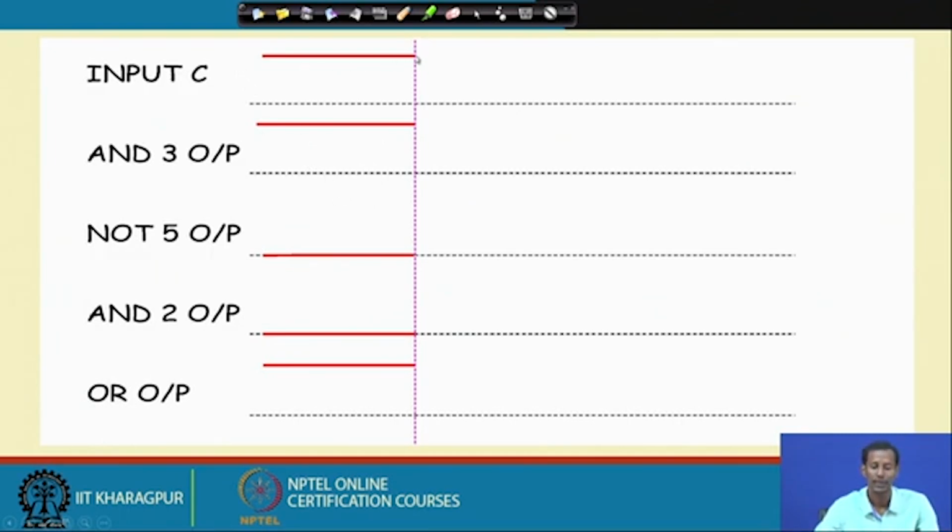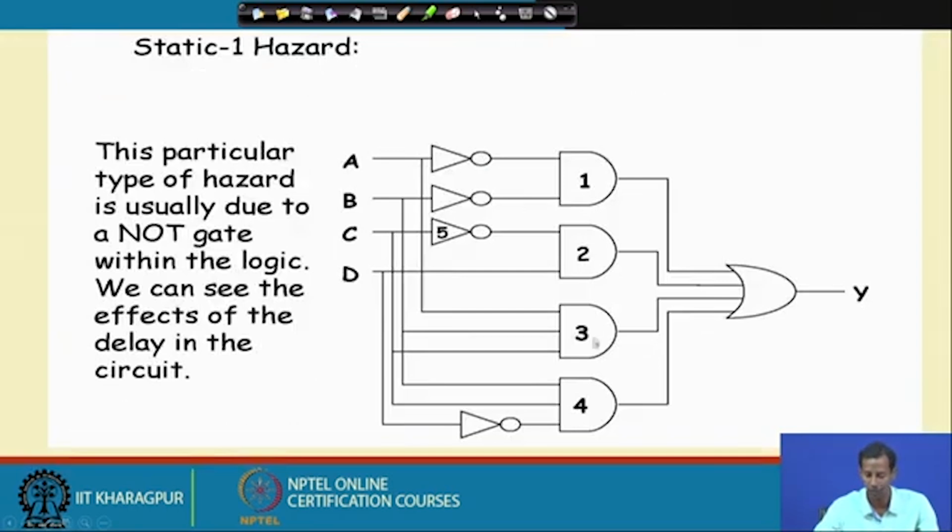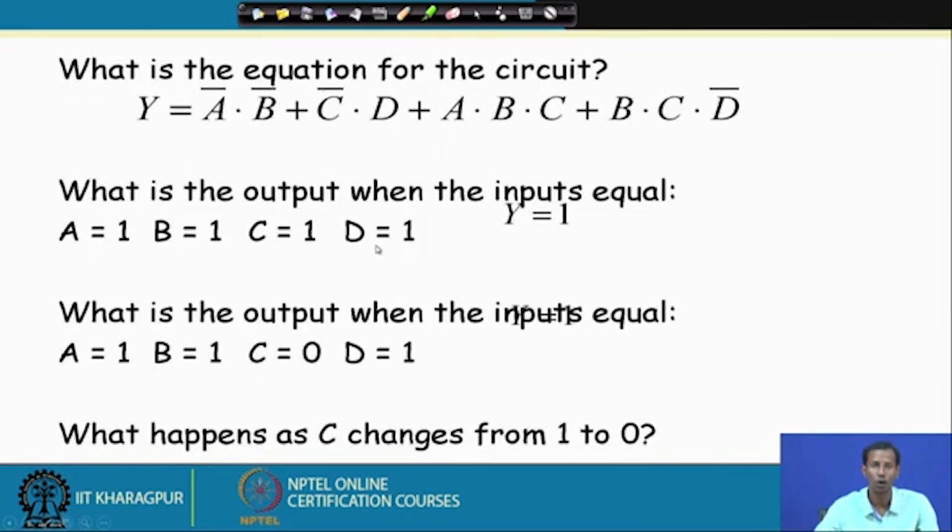If you consider the corresponding changes, input C is basically at 1. Then the AND 3 output: C is 1, and A, B, D all are 1.